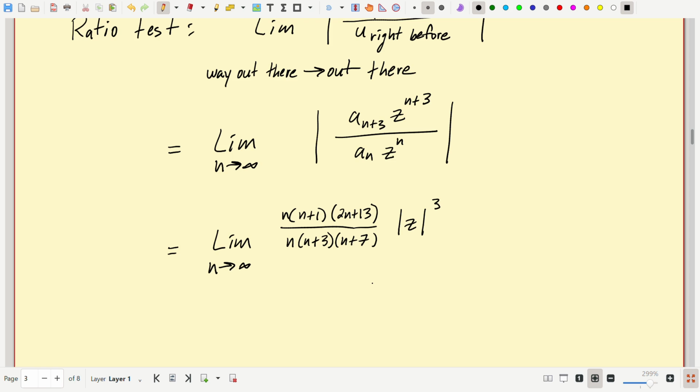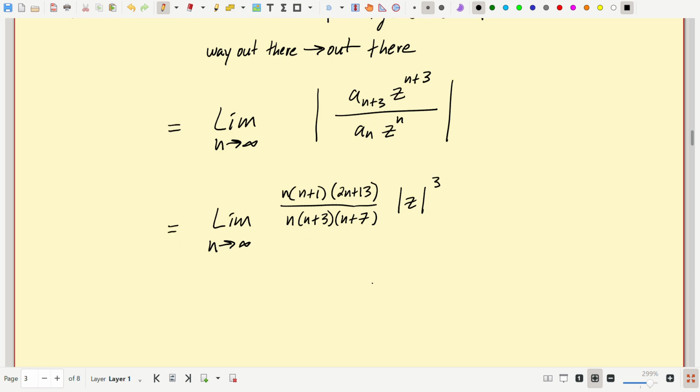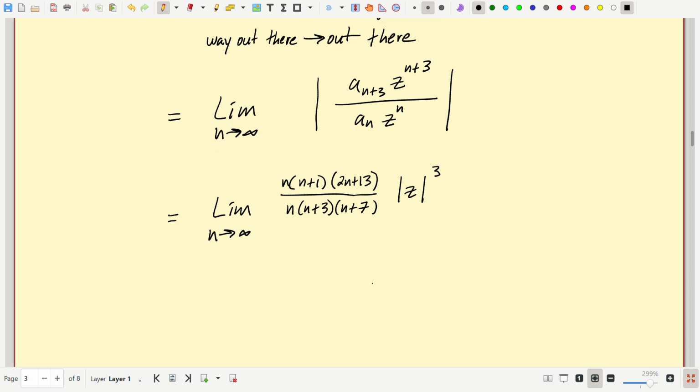Then you know how to compute that limit above there. Let's see, n over n, of course, goes to 1, and n plus 1 over n plus 3 goes to 1. And 2n plus 13 over n plus 7 goes to 2. So this limit is equal to 1 times 2 times z cubed.